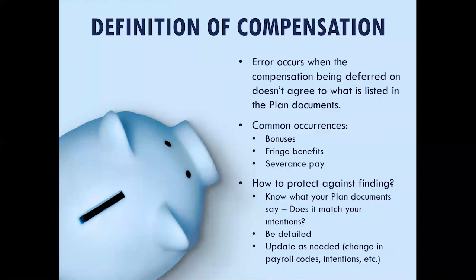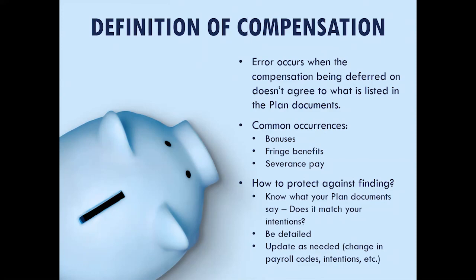The second one here is definition of compensation. And this is probably the area where we most commonly see issues or errors in our testing. The plan document itself for each plan has a defined definition of compensation, and it may or may not have specifically identified exclusions.